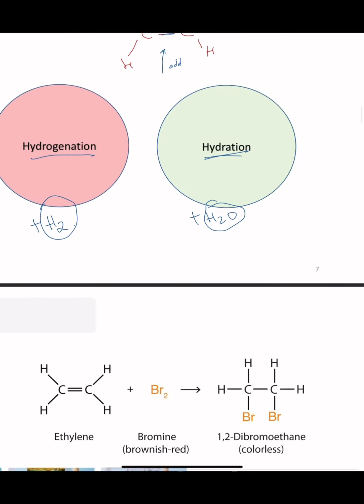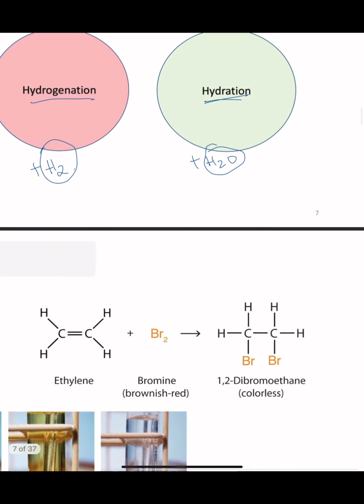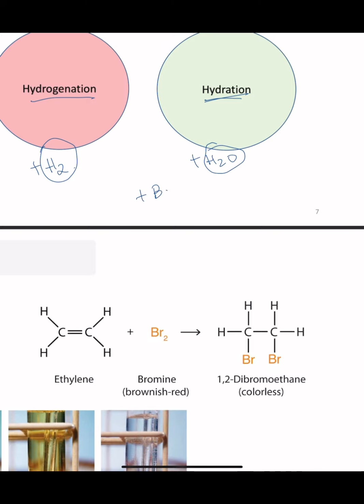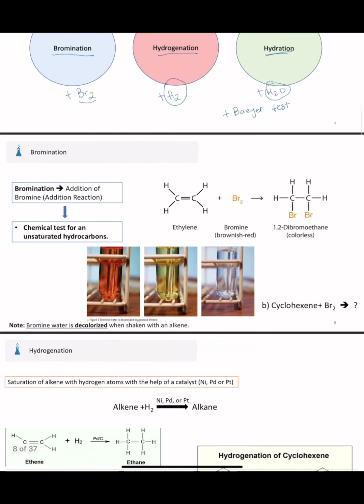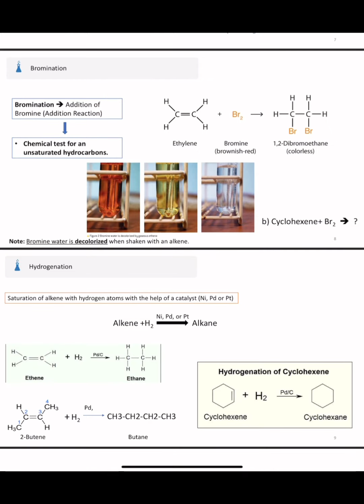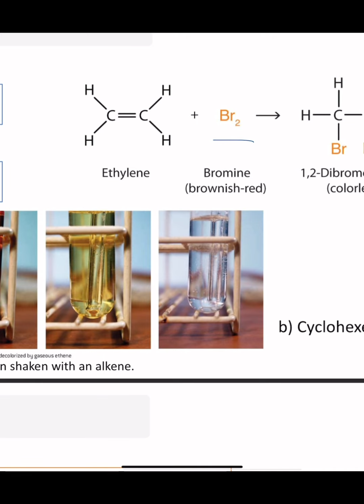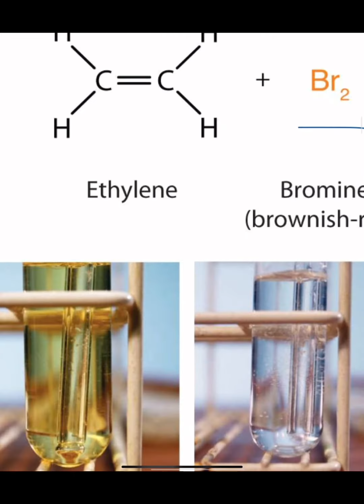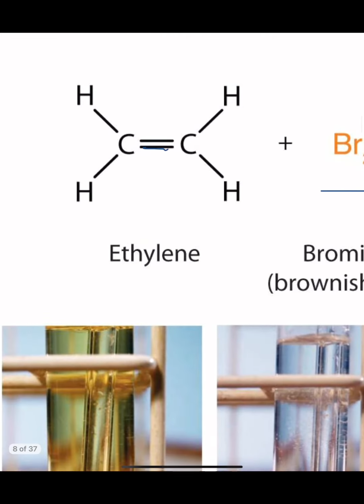We will also talk about the Baeyer test reaction, okay? So now I'm going to go through this again. Bromination, and I will have bromine added in here. So ethylene, as you see, I have a double bond, right? I'm going to break this double bond, okay?